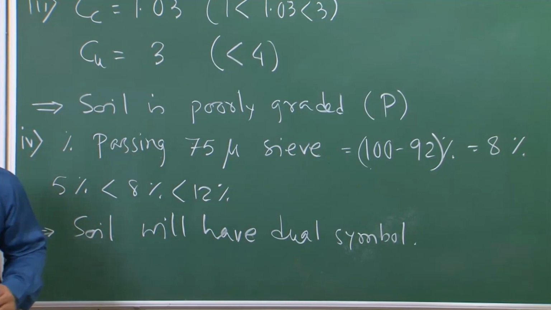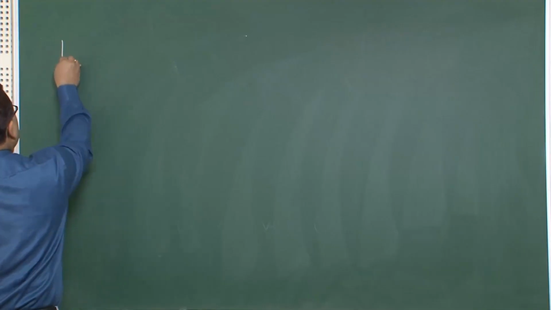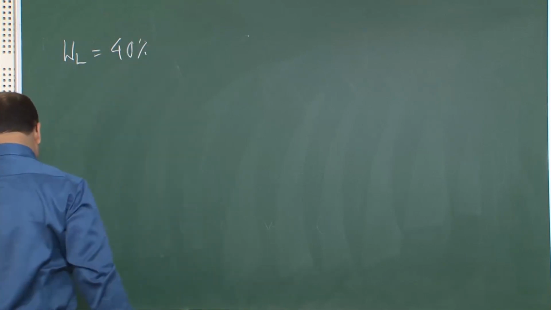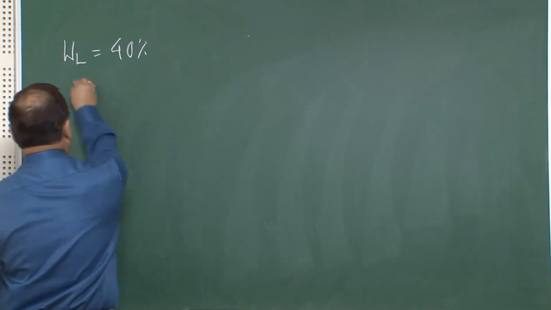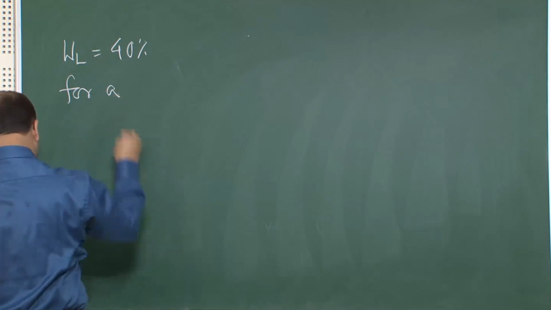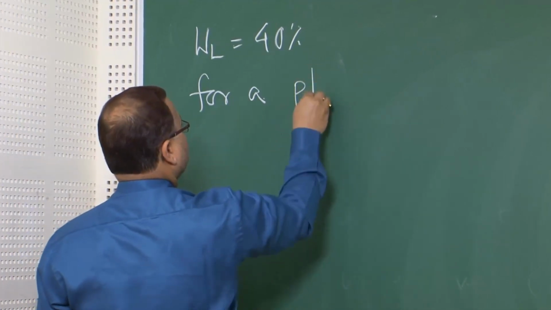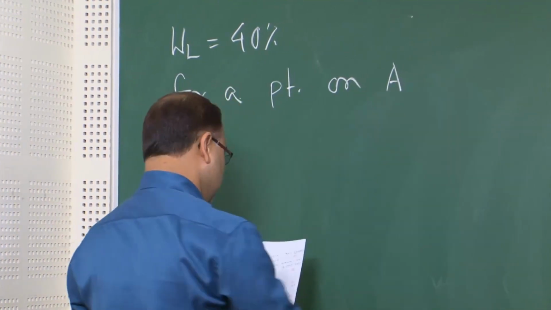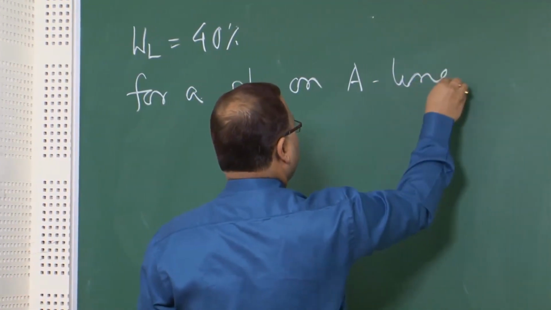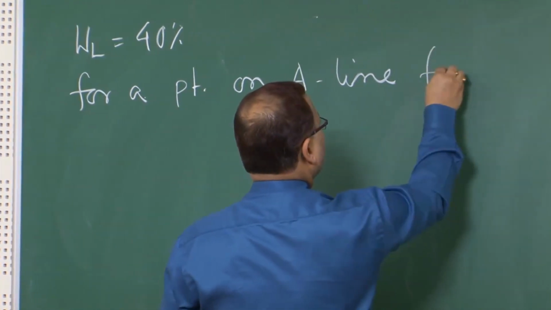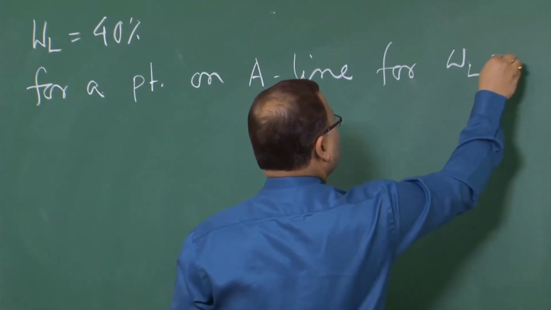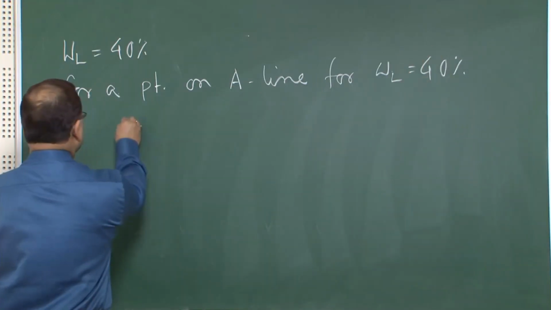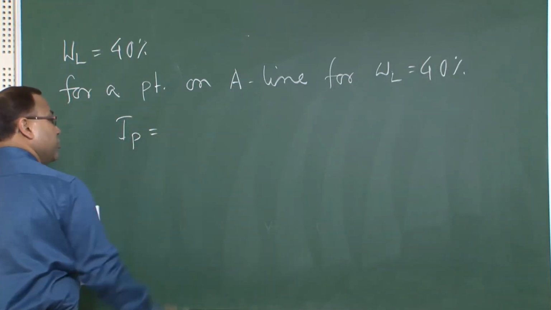Okay. Now, your liquid limit is 40%. Now, for a point on the A line of your IS plasticity chart, for liquid limit equal to 40%, your IP should be, what was the equation of A line?